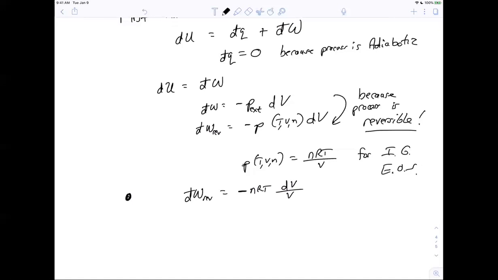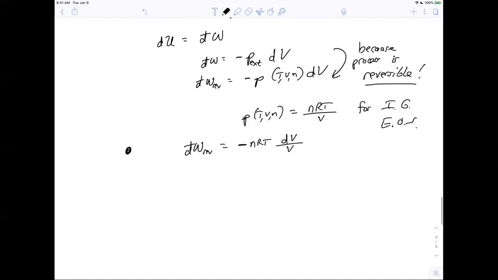Now let's take a look at the dU term. Again, this is an ideal gas. dU of an ideal gas: we saw that U for an ideal gas is only a function of temperature, and that's just Cv, ideal gas, times dT. And Cv for an ideal gas is independent of temperature.